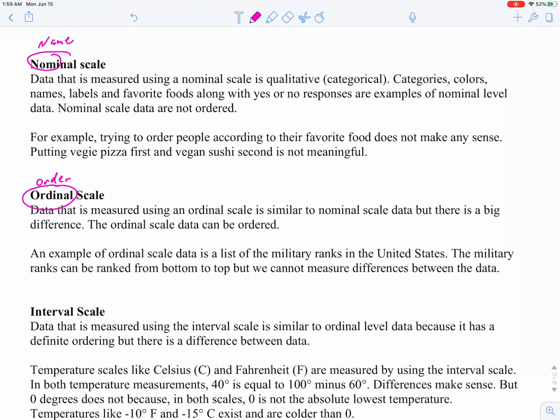The military ranks can be ranked from bottom to top, but we can't measure differences between the data. In other words, they're words, so they're nominal, but they have a natural order to them. But you can't say this is 3 times better than the other or something like that. The differences between the data don't make any sense. So again, when they're words but they have a natural order to them, then it's the ordinal scale.